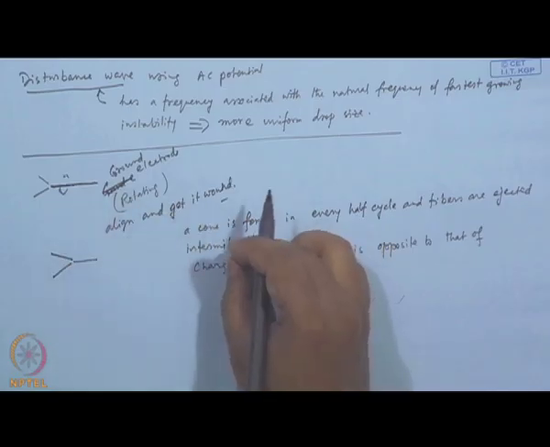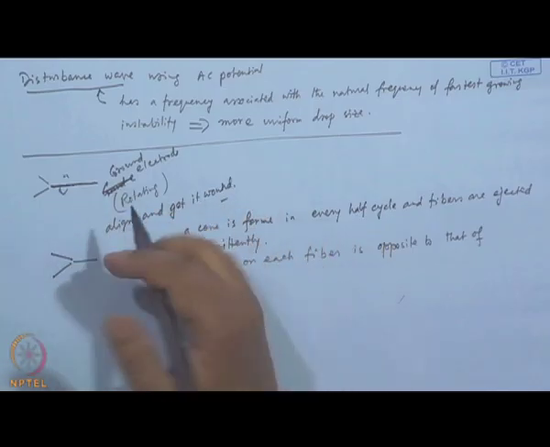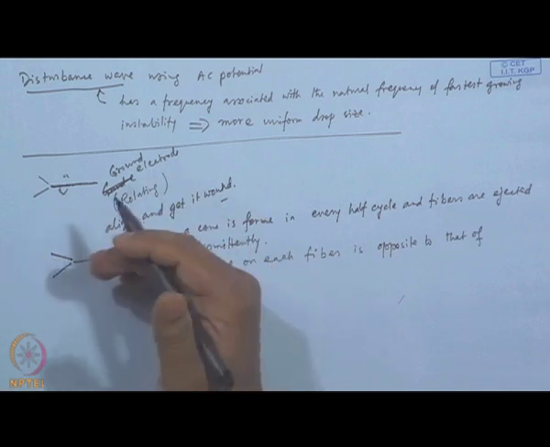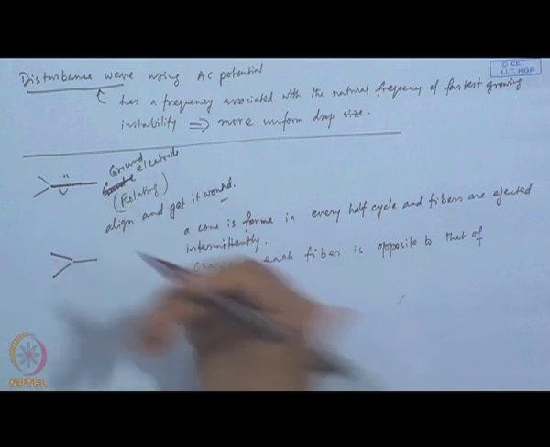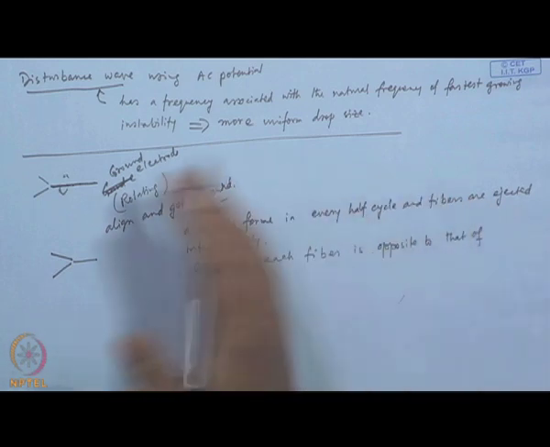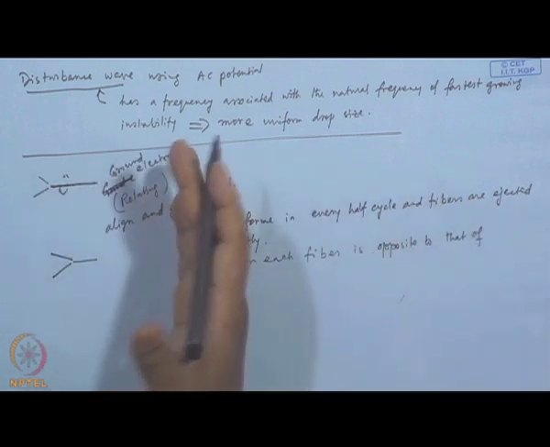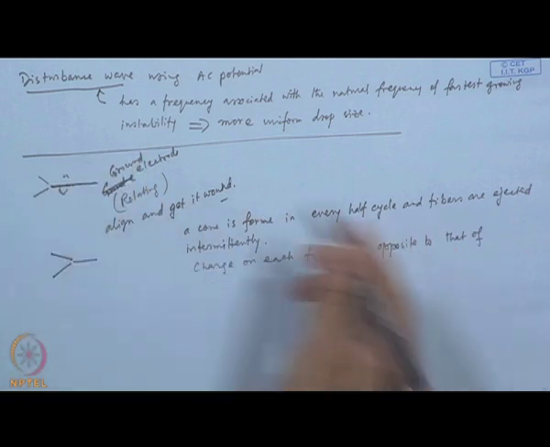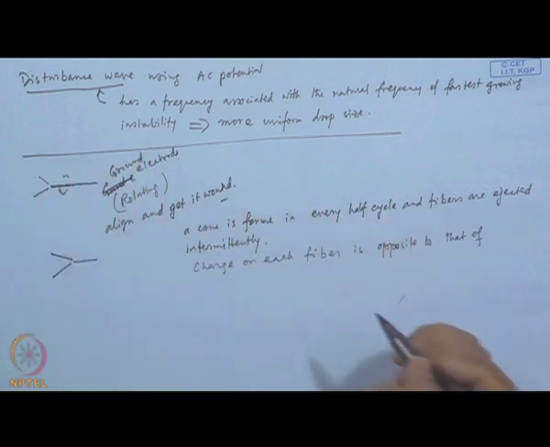So every half cycle, one fiber comes out and it has some charge, and then the next fiber coming out is of opposite charge, and the next one again is of opposite charge, that means the same charge as the earlier one. So the fiber that comes out next would always be of opposite charge. That is because of this.